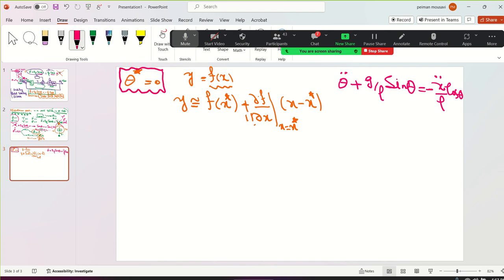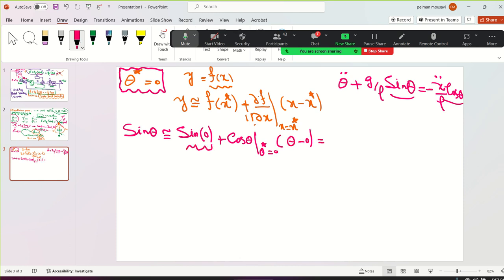We want to linearize the nonlinear term, sine theta, which is going to be sine at the equilibrium point 0, plus the partial derivative of sine with respect to our parameter theta, which is cosine theta at the equilibrium point 0, times (theta minus 0).